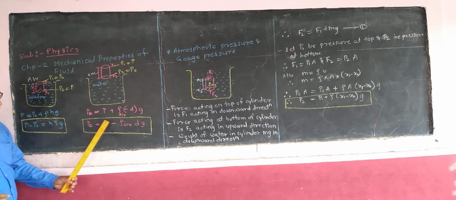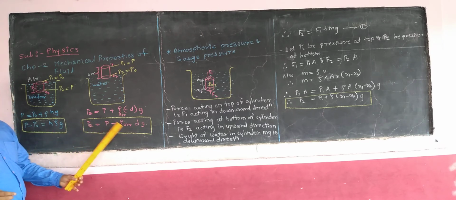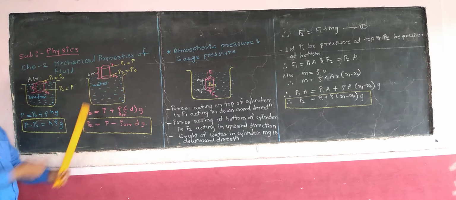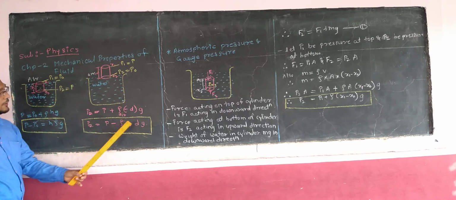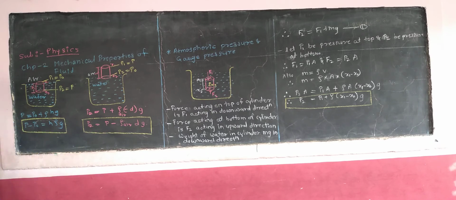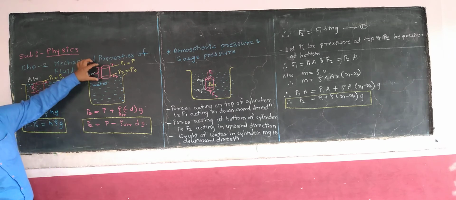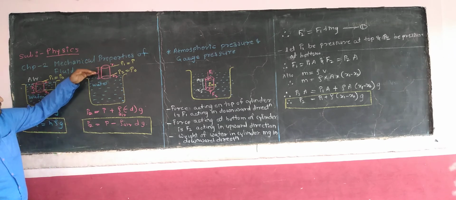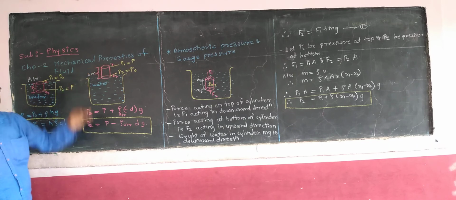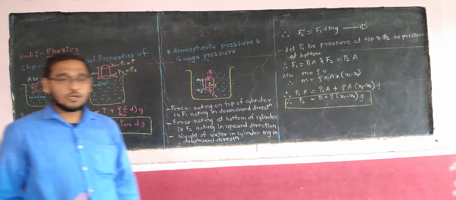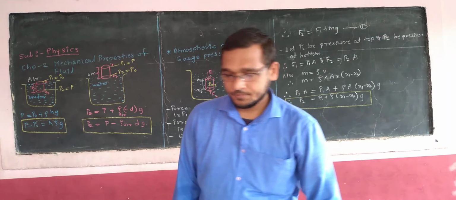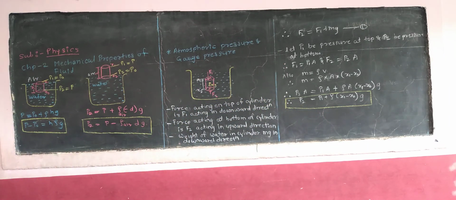P0 is equal to P minus rho air into d, where d is this distance, the height, and g is acceleration due to gravity. So this is the equation for the two different conditions: when the top surface of the vessel is subjected to atmospheric pressure, and when the complete vessel is subjected to atmospheric pressure but the lower part is subjected to the pressure due to the liquid in the vessel. Note it down.